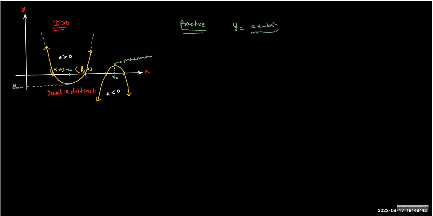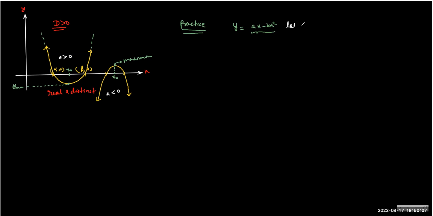Look at this term. Is this term quadratic? Yes or no? Can you see the term and tell me whether it is quadratic or not? Yes, it is. Very good. So ax minus bx square is quadratic.